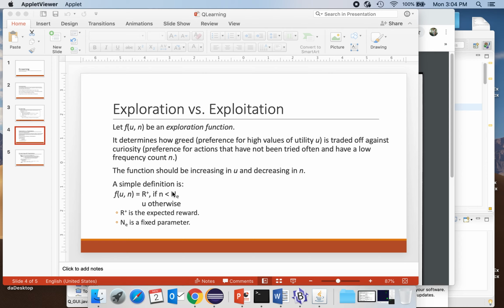And so if we haven't explored something, the frequency count, enough, we'll do some more exploring. Otherwise, if we feel that we have explored our options sufficiently, then we simply go with the greedy choice, the value of the highest utility value.